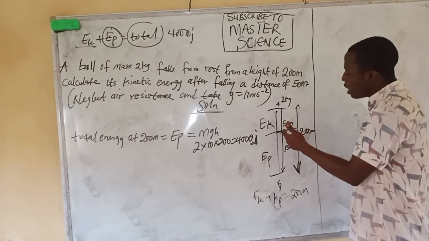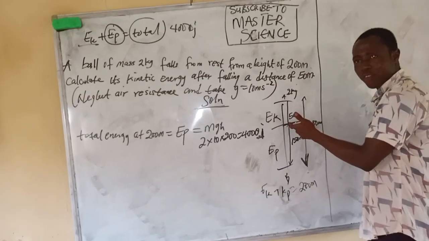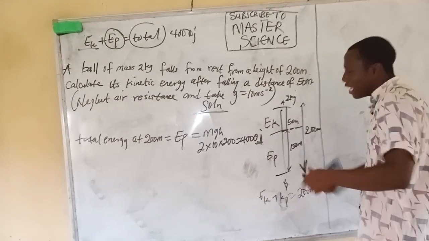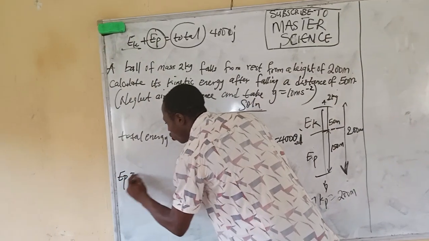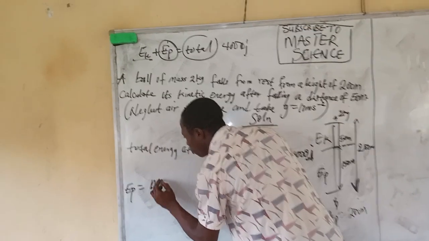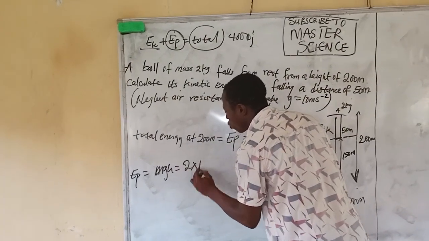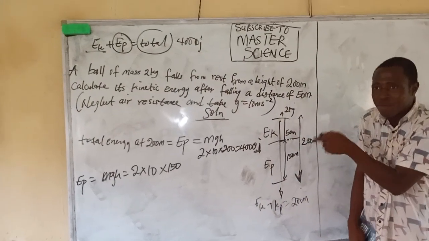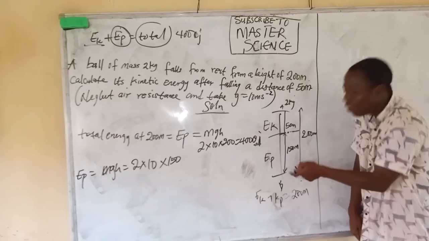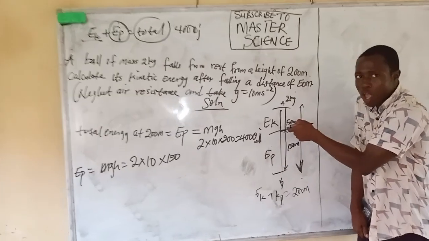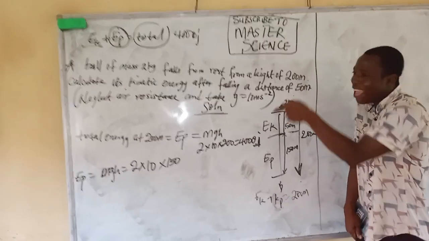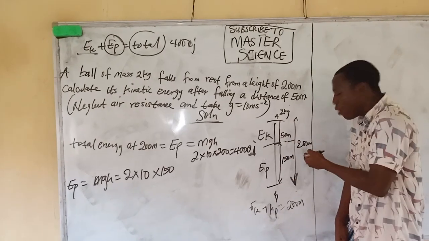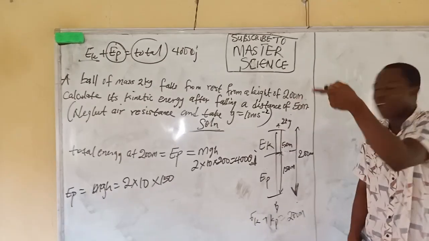If the body falls from here to here, 50 meters, and stops here at 50 meters, then from where it stops to the 200 is the remaining 150. That means the potential energy now is mgh, which is my mass 2 times acceleration 10 times height 150.